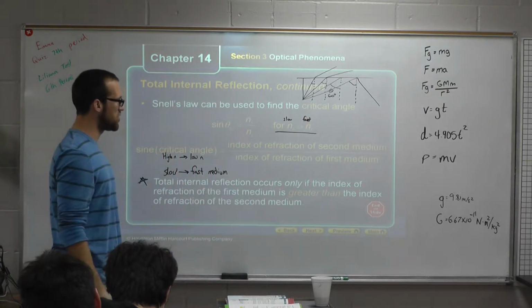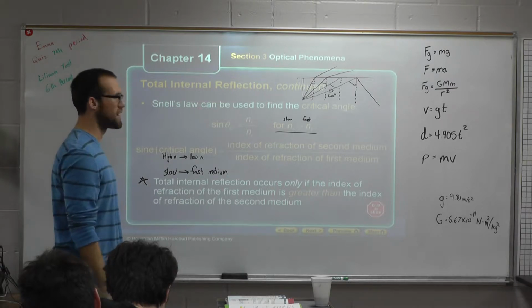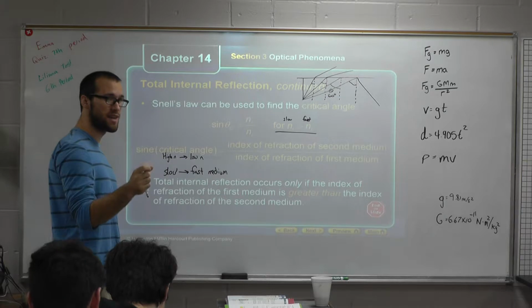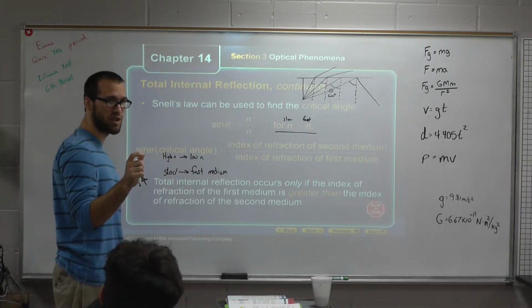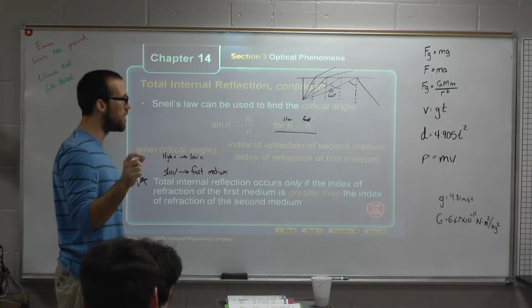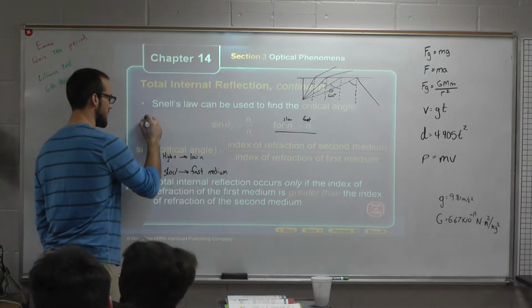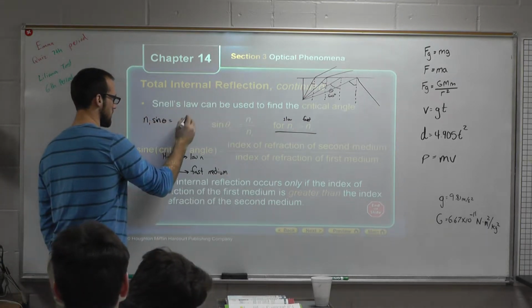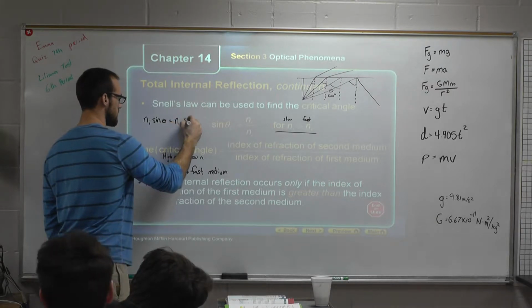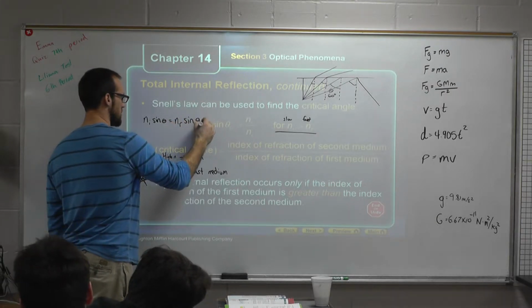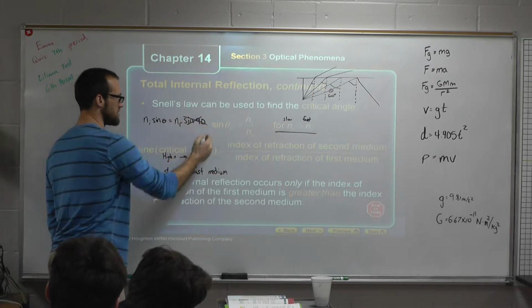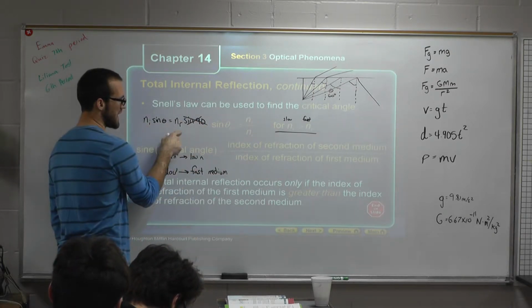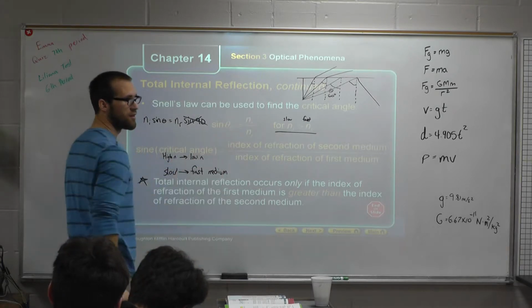I showed you the Snell's law that we use, and you put in sine of 90. That gets rid of that portion of it, since sine of 90 is 1. Your critical angle is when you've got sine of 90, and when you solve for it, you can just divide by ni to get your critical angle equation.